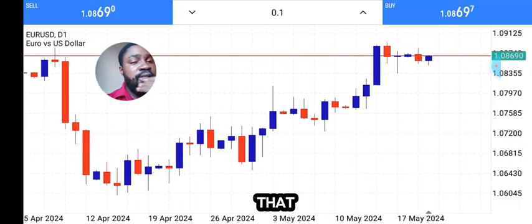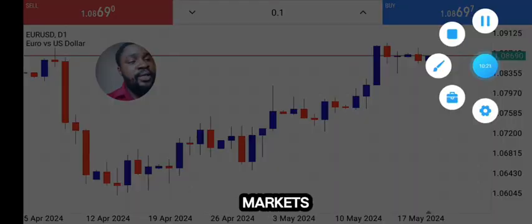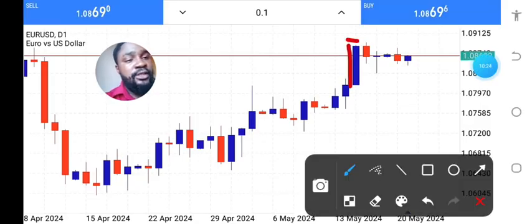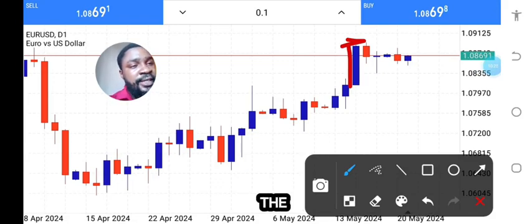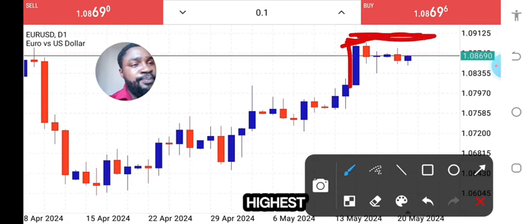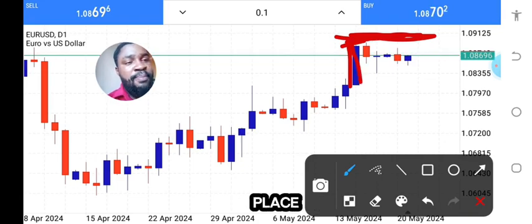You can see that for a while the buyers were able to pull the market in this direction. This is the highest the price has ever come to. Then we had a series of pullbacks. The moment price got to this place, it pulled back and tried to regain control, but sellers were still present.